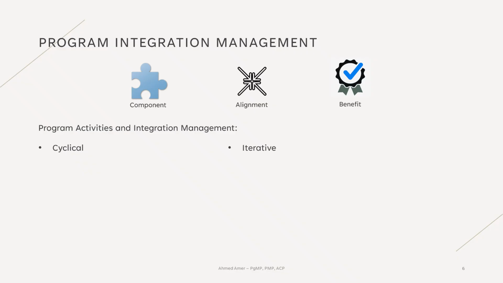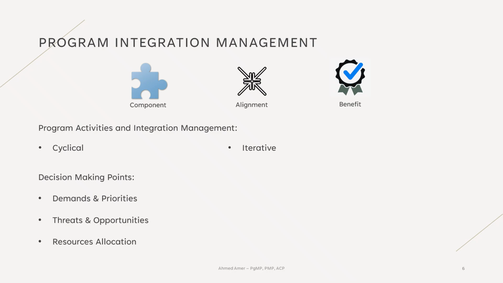Program activities and integration management also involve making decisions regarding competing demands and priorities, threats and opportunities, which are negative and positive risks, how resources should be allocated, any necessary changes due to encountered uncertainty and or complexity of the program scope, interdependencies among components, and finally, coordination of work to meet the program objectives.